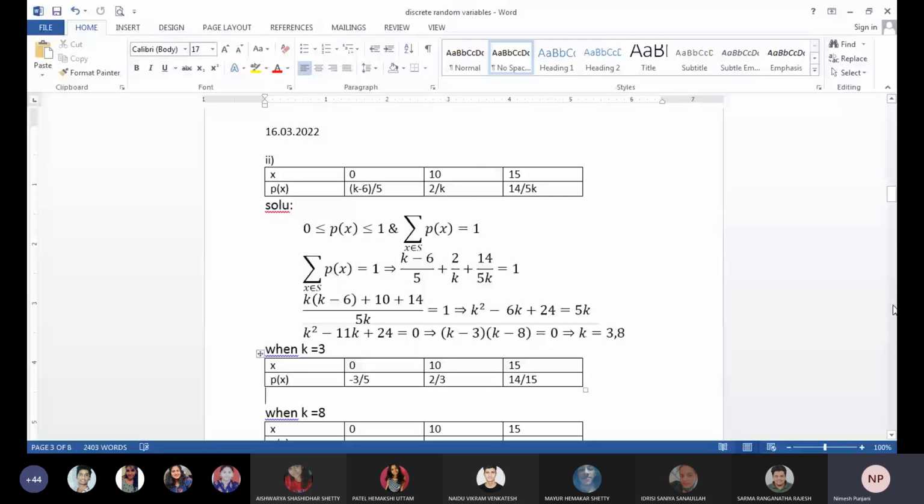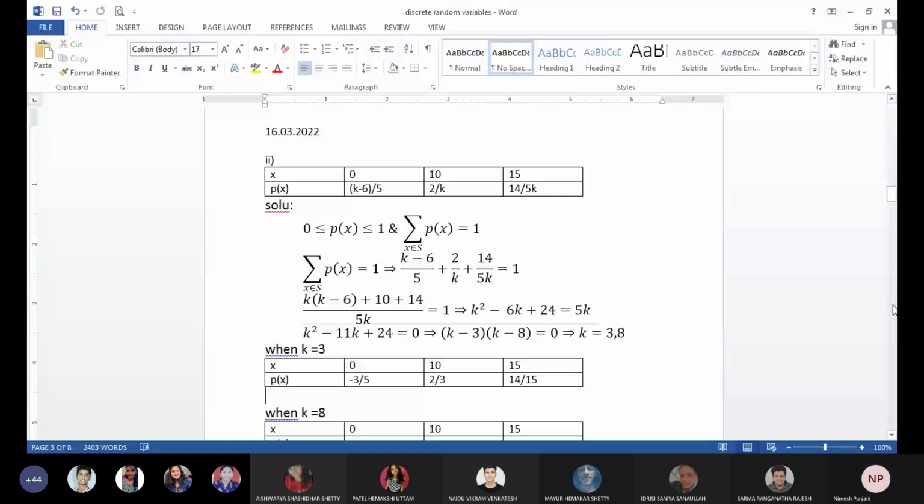Okay, so when k is 3, what can you say? Is it a PMF or it is not a PMF? When k is 3, is p of x a probability mass function or not a probability mass function? प्रॉपर्टीज चेक करो. दो प्रॉपर्टीज है, दोनों प्रॉपर्टी सेटिस्फाई हो रहा है तो प्रोबेबिलिटी मास फंक्शन होगा. एक भी प्रॉपर्टी सेटिस्फाई नहीं हुआ तो प्रोबेबिलिटी मास फंक्शन नहीं होगा.